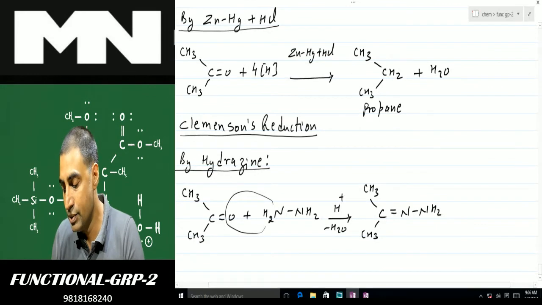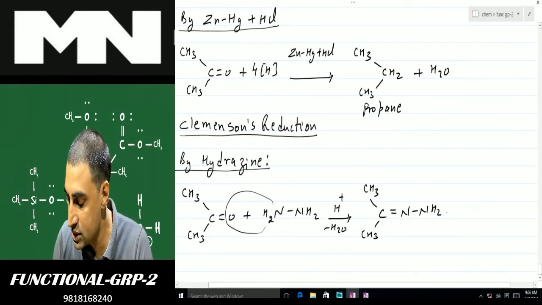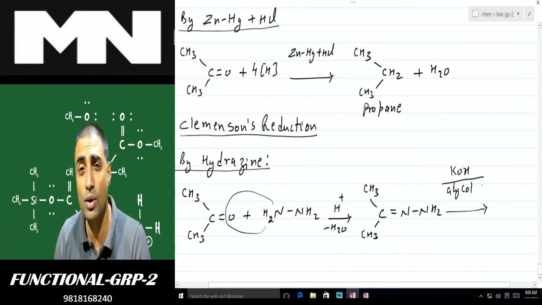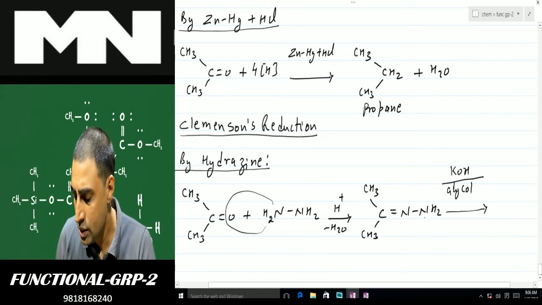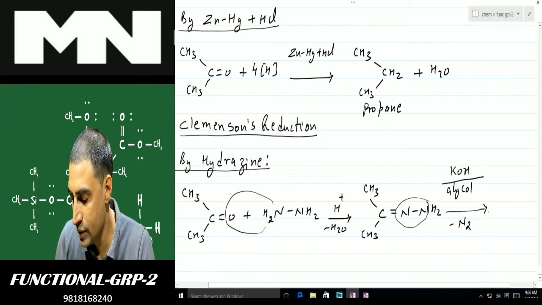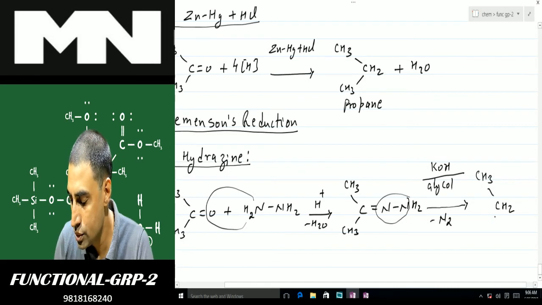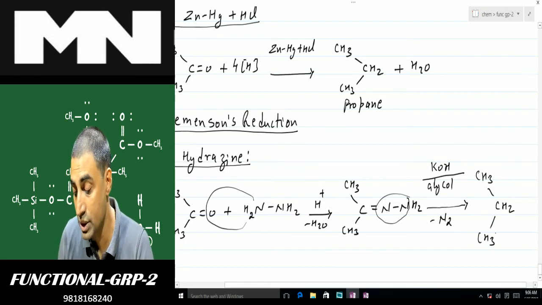Well, in this case I would like to tell you one thing, that if you react this hydrazone with a base, that can be either KOH or you can use glycol. Glycol again is ethane 1,2-diol that will act as a base. Nitrogen will come out. And when nitrogen comes out, you'll again get propane, that is CH3CH2CH3.